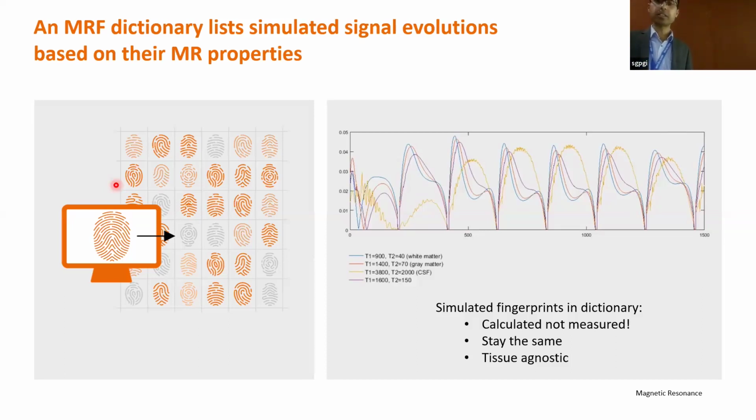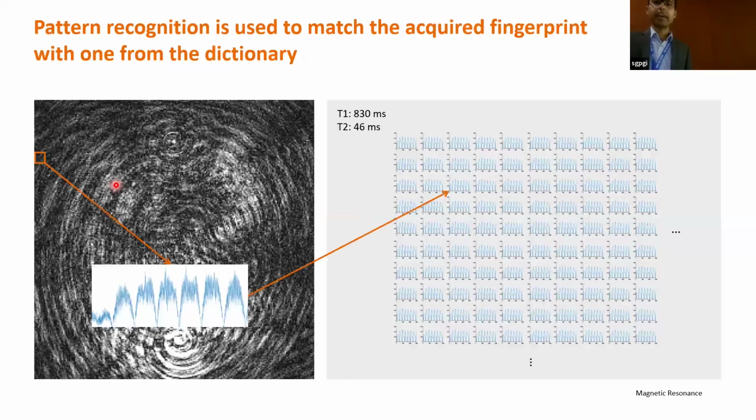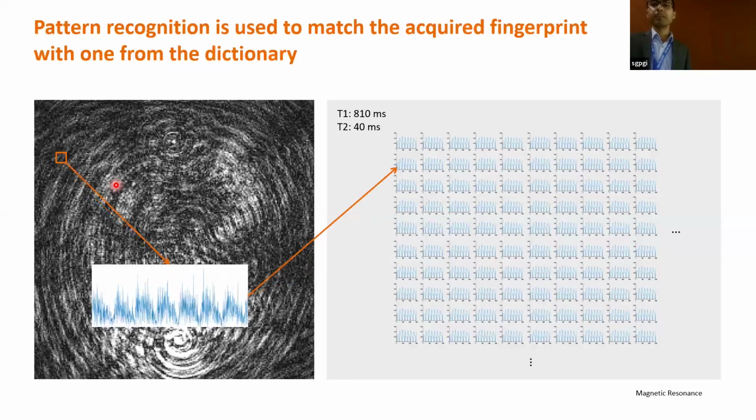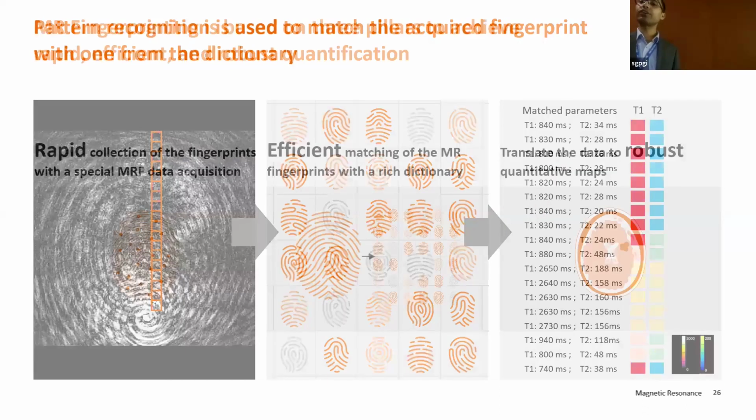It's a simulation based calculation. And then this is how it looks like. There can be thousands of possible combinations of T1 and T2 with increments of your relaxation times. And then we are matching it, and then you are generating a dictionary. That's how it looks like. Several possible combinations of T1 and T2 relaxation times, and then each pixel is generated for your map.